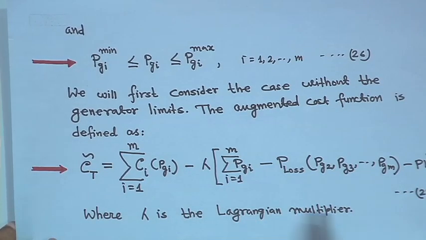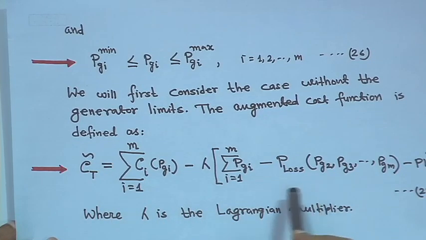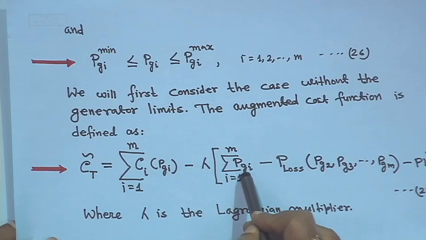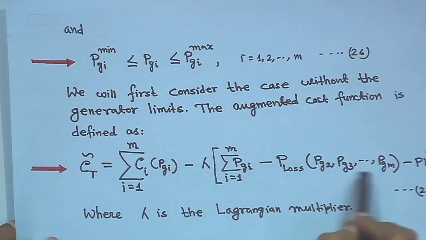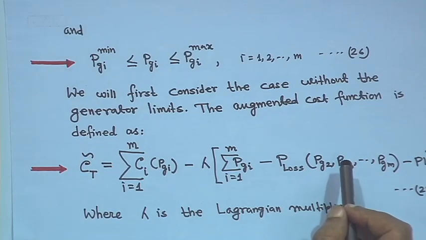If we take the derivative with respect to lambda and set it equal to 0, this power balance equation will become 0.